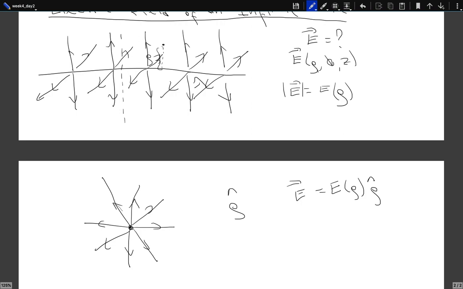So the next step would be, what is a surface over which we can evaluate this integral without knowing the magnitude of the electric field? So we should find some surface over which the magnitude of the electric field is a constant.